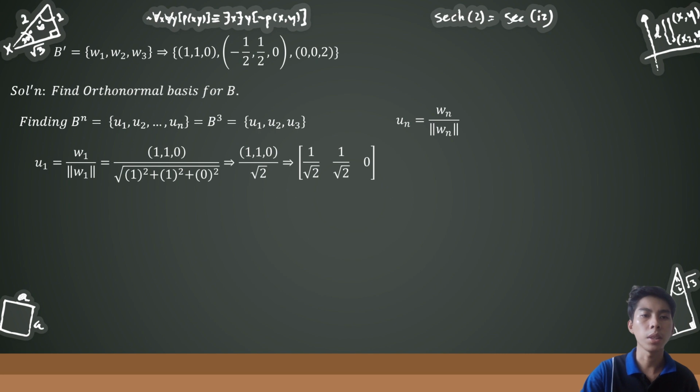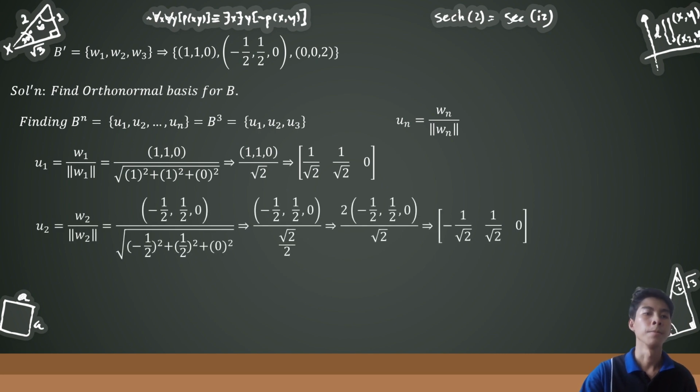Next, we need to find u sub 2. In finding u sub 2, we use the same process as in finding the elements of the vector u sub 1.